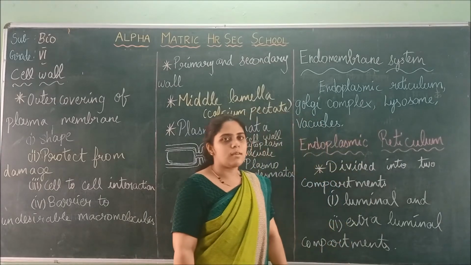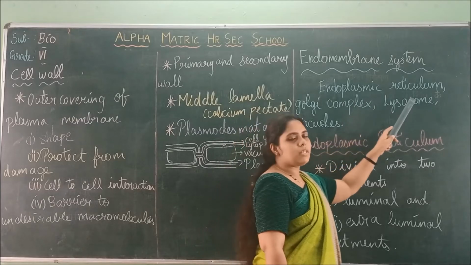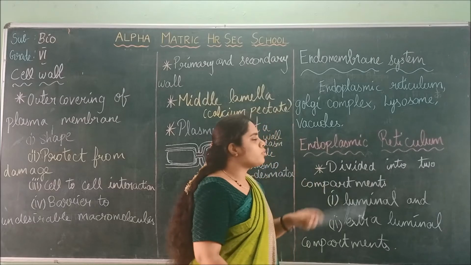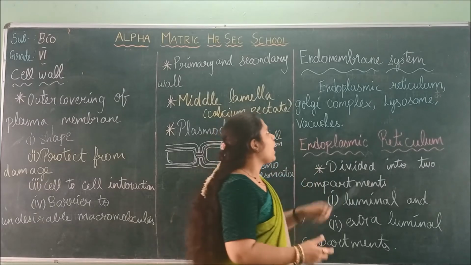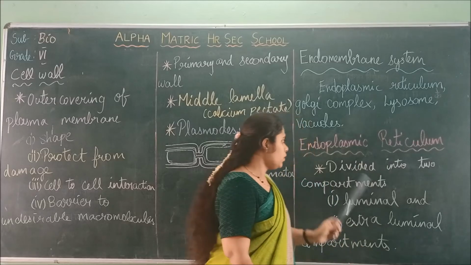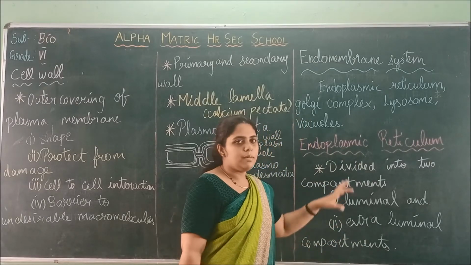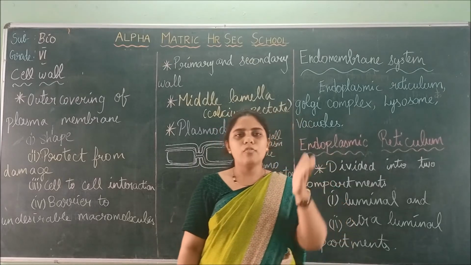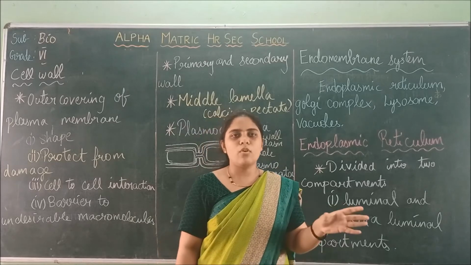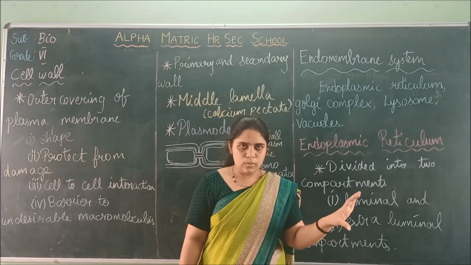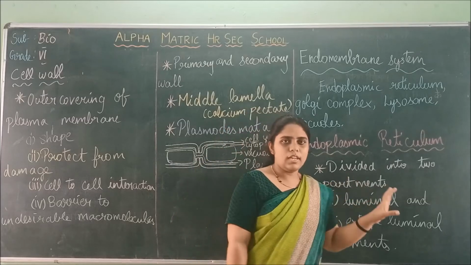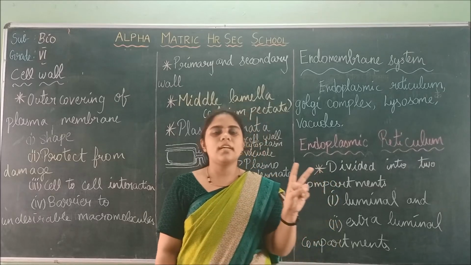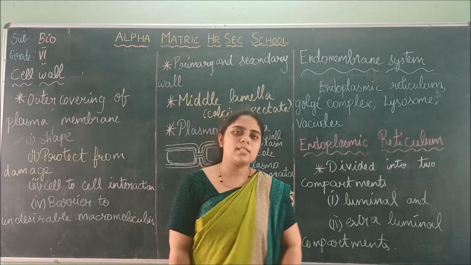And then we saw about the endomembrane system. It consists of endoplasmic reticulum, Golgi complex, lysosome and vacuoles. These organelles together form the endomembrane system. After that we saw endoplasmic reticulum. It consists of many foldings, it is a continuous channel, and it is divided into two types: rough endoplasmic reticulum and smooth endoplasmic reticulum.